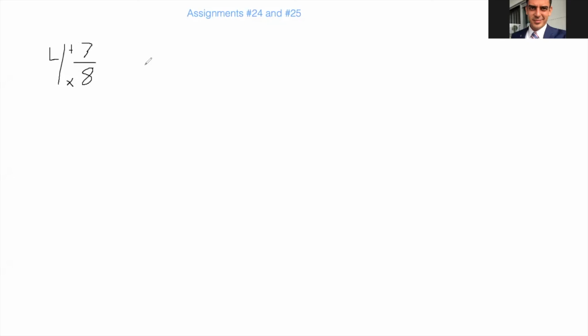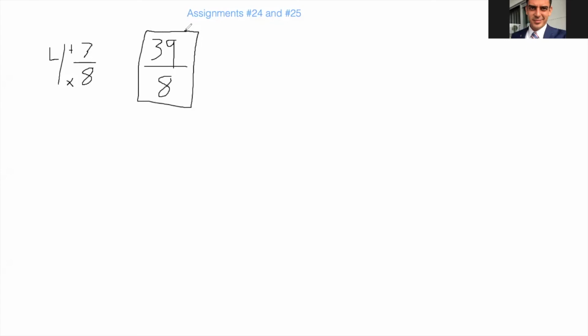So 4 times 8 is going to be 32. And then you add the top one, which is 7. So 32 plus 7 is going to be 39. And then the bottom number will be 8 because that's what the bottom number was over here. So the bottom number will still stay the same. And then at this point, all you need to do is figure out if you can simplify by anything. In this case, it doesn't look like you can. So that's your answer right there.